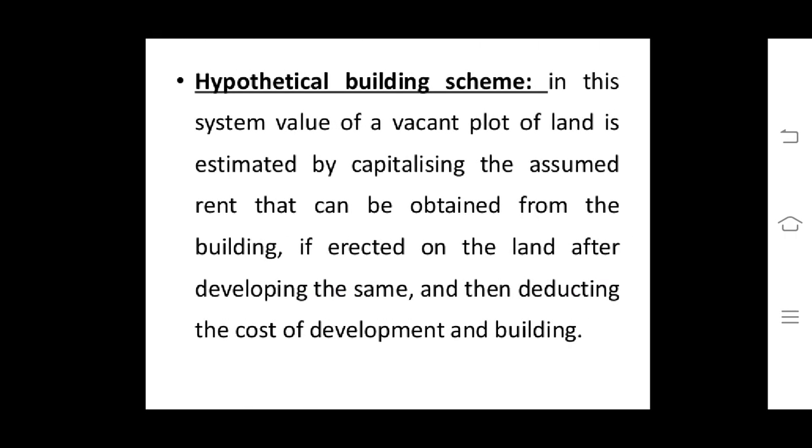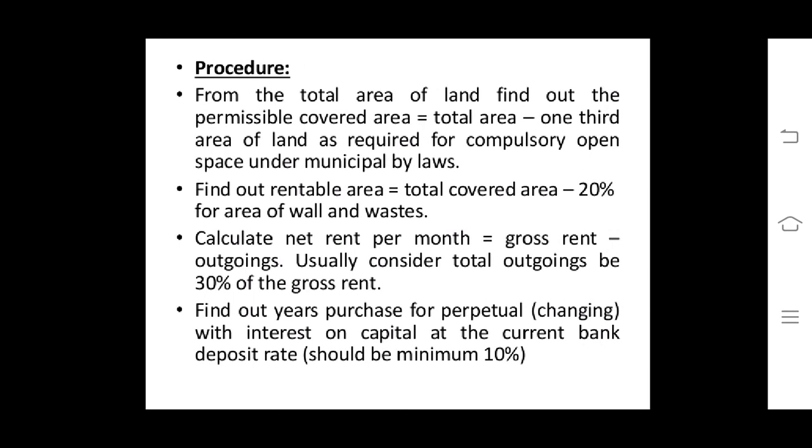The next method is the hypothetical building scheme. In this system, the value of a vacant plot of land is estimated by capitalizing the assumed rent that can be obtained from the building if erected on the land after developing the scheme, and then deducting the cost of development and building.